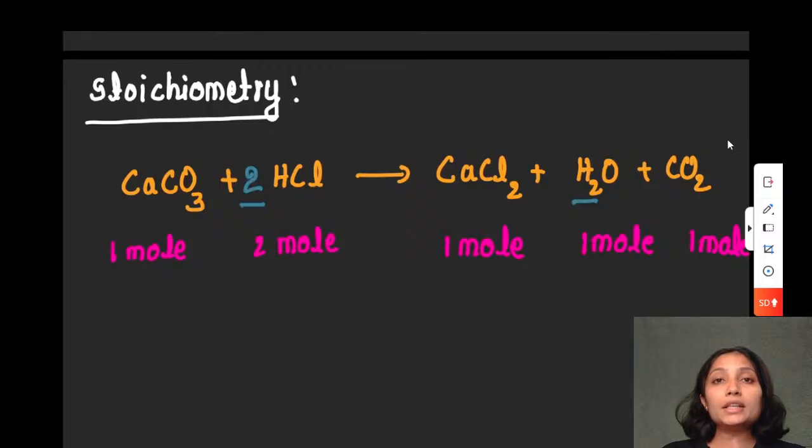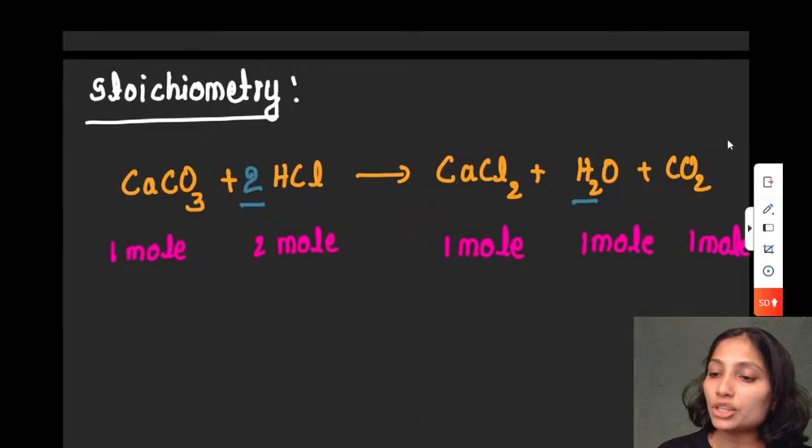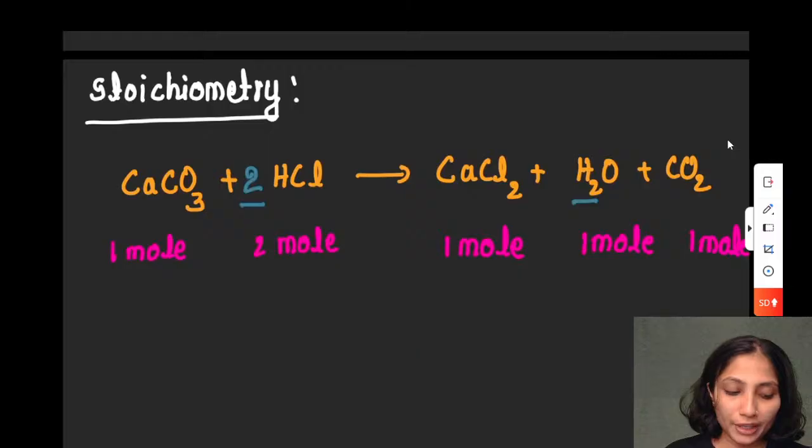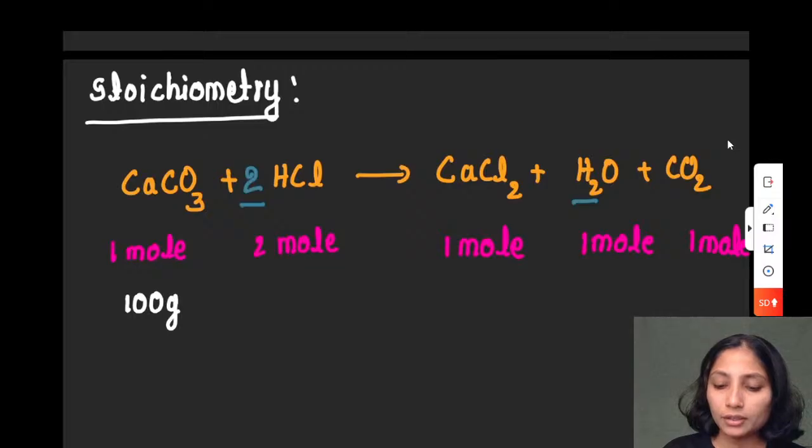If you want to say it in terms of mass, what is the mass of calcium carbonate? 40 gram. Sorry, 40 is for calcium. 40 plus carbon 12 plus 3 into 16. So I am going to write the complete molecular mass here. It is 100 gram. 100 gram of calcium carbonate requires 2 times HCl.